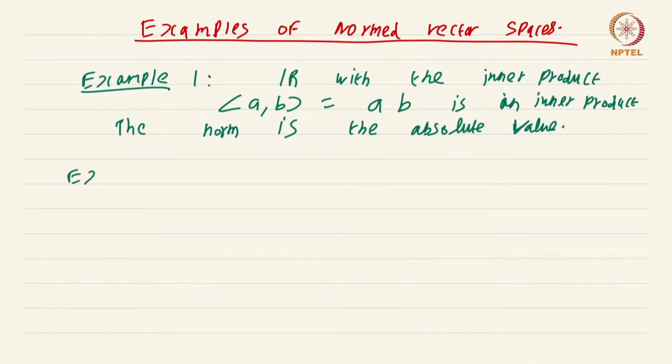Example 2 is something that you have probably explored in great detail in a vector calculus or multivariable calculus course, in your more basic courses.